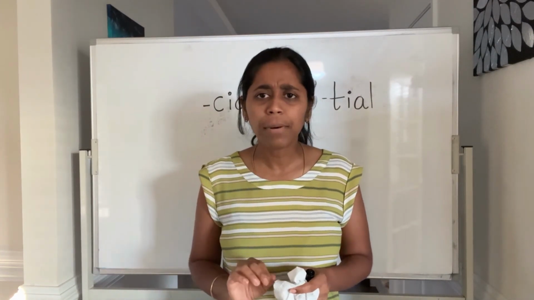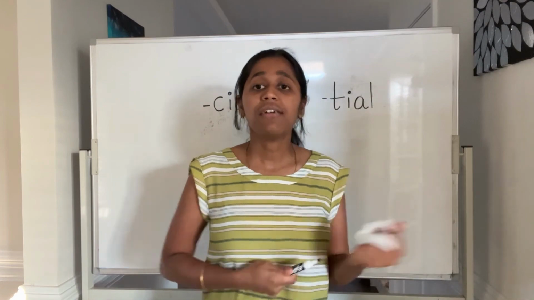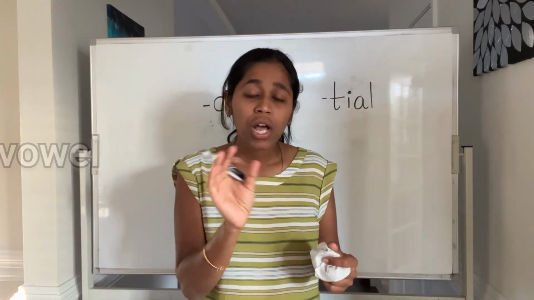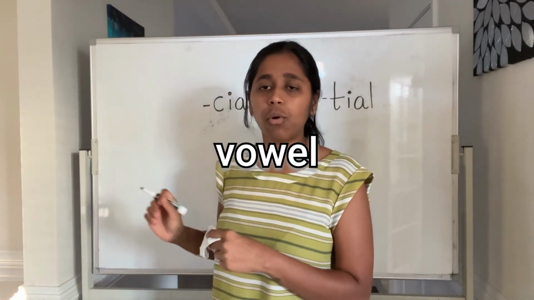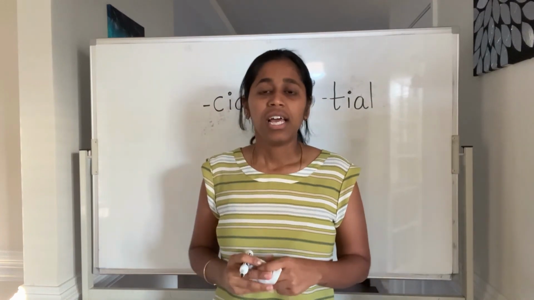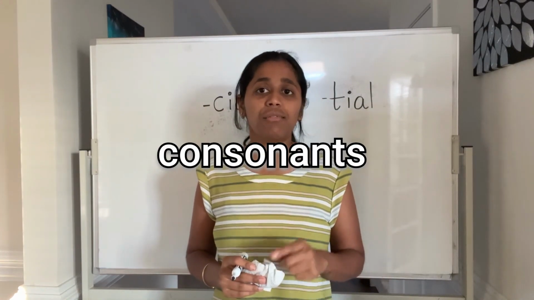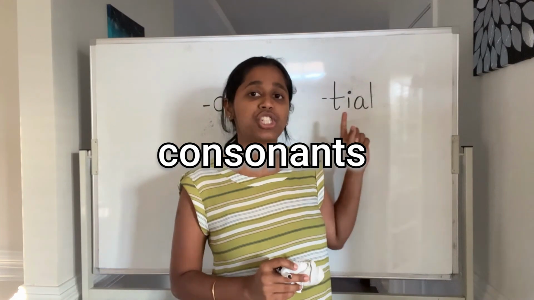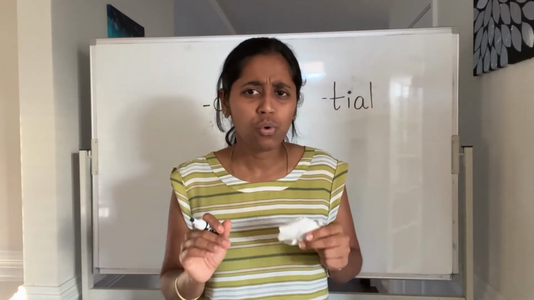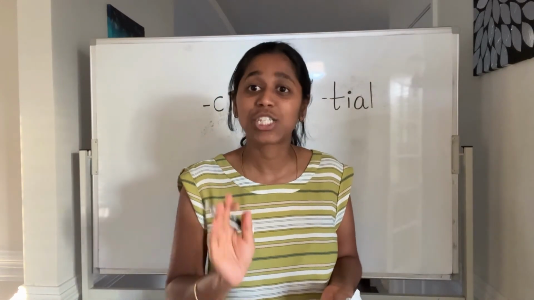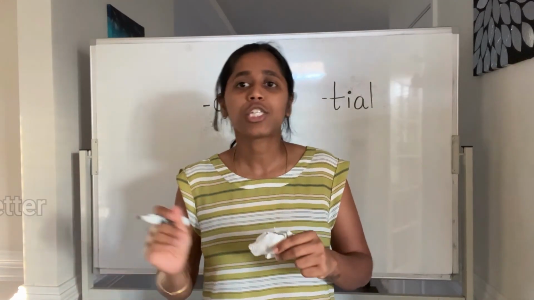This is a very simple rule in which if there is a vowel followed by the cial sound, you use cial. If it is a consonant followed by a cial sound, you use tial. I usually don't say vowels and consonants. Instead, I say special letter and not a special letter.